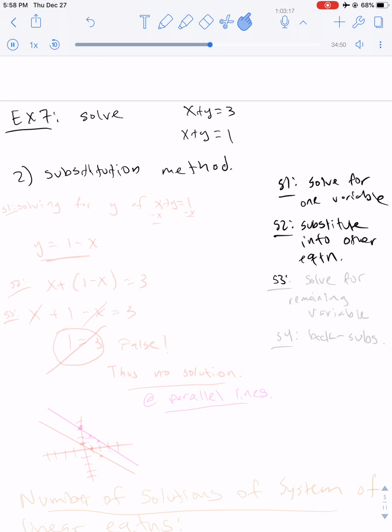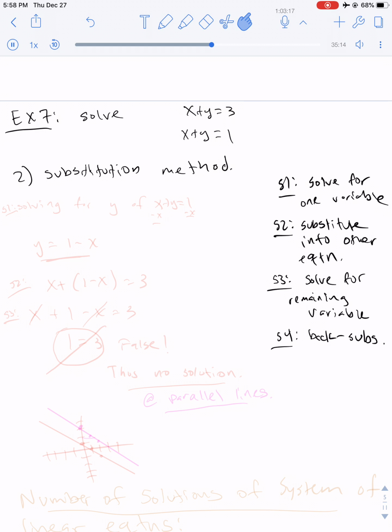Step 3, solve for the remaining variable. And then step 4, back substitute. And I'm going to abbreviate back substitute by back subs.